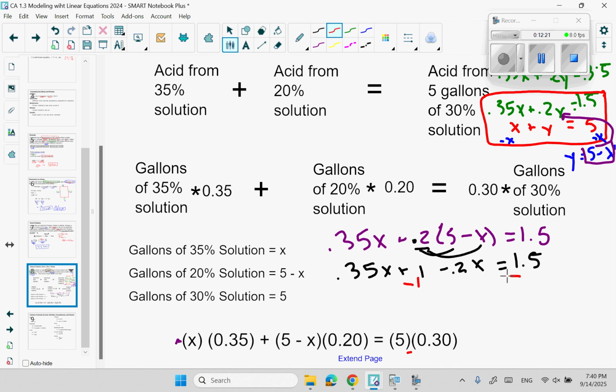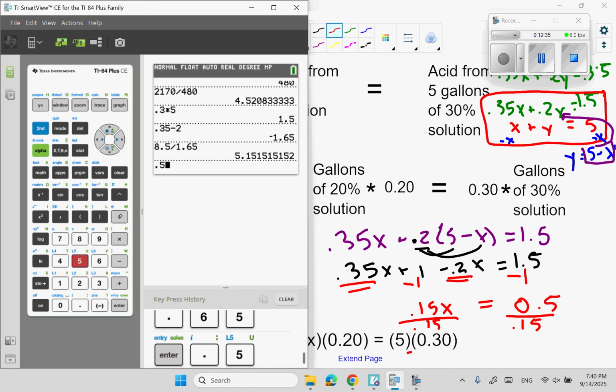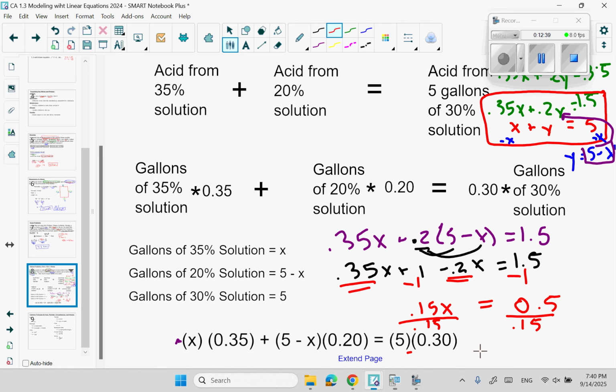Minus 1, we get 0.5. Combine like terms, we would get 0.15x, divided by 0.15, divided by 0.15. 0.5 divided by 1.5. We get x equals 1/3.